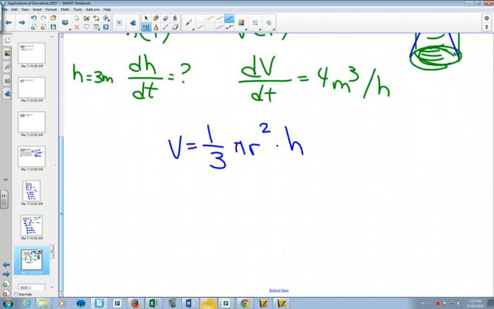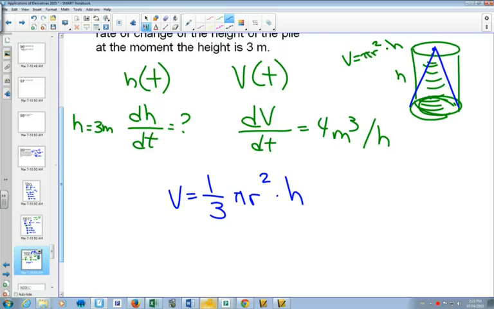So now we've got our volume formula, and the same problem with figuring out the surface area with the derivative is we have 2 variables right now. We have radius and height. And we don't have any dr/dt, even though we know that the radius would be a function of time, but we don't have any information about that.